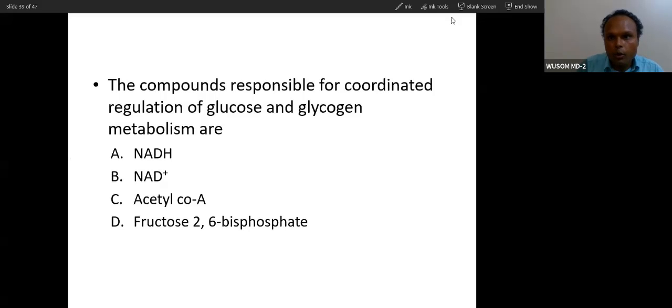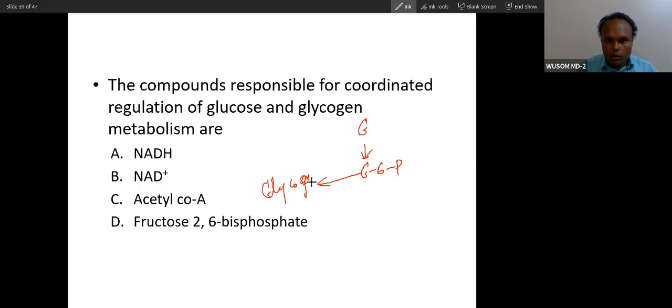So I want to give you one concept here. The concept I told, you have to remember, glucose converts into glucose 6-phosphate. From glucose 6-phosphate, glycogen will be formed. And then glucose 6-phosphate will convert into fructose 1,6-bisphosphate. And this will also stimulate this reaction.